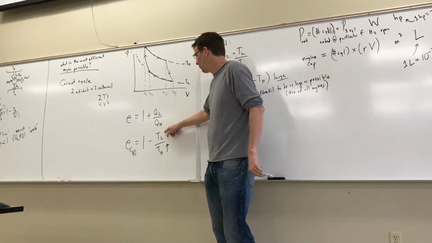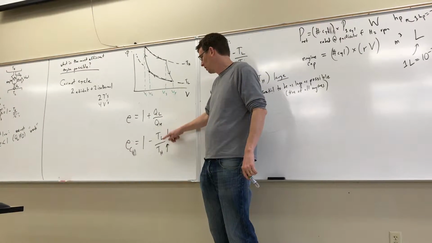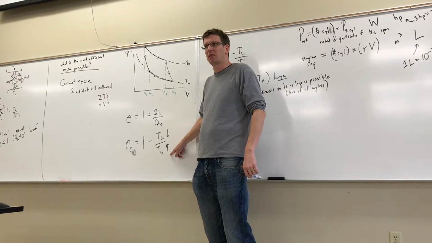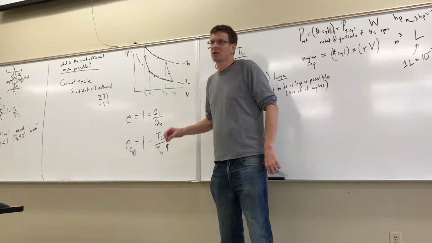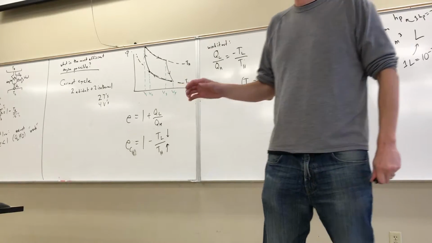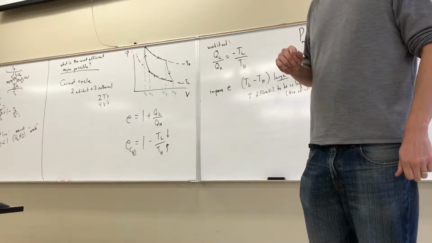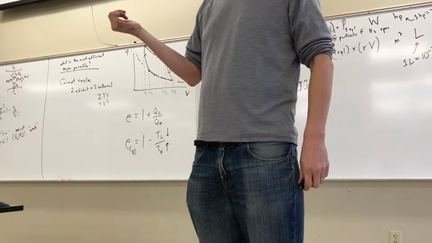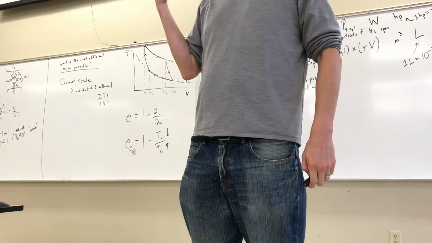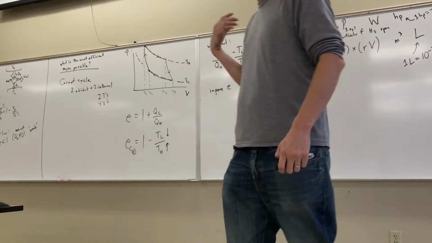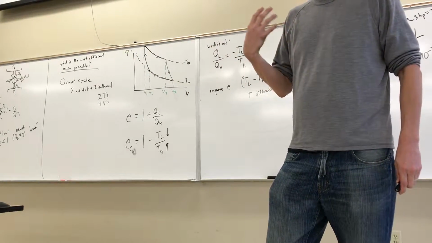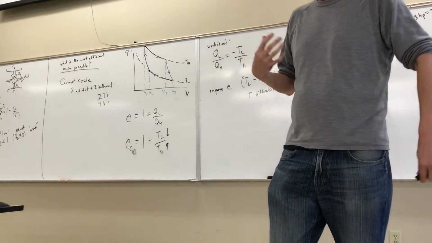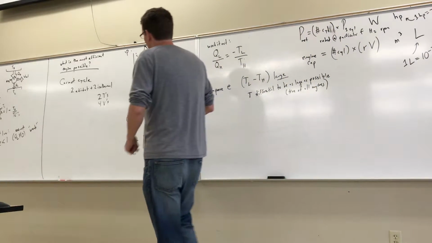The lowest temperature in the whole system goes up top, and the highest temperature in the whole system goes on the bottom. So this is going to be more efficient than the Otto cycle. Now, I've only shown you that it's more efficient than the Otto cycle. I'm here to tell you also that you cannot do any better than this. This is the most efficient engine that is possible, okay?